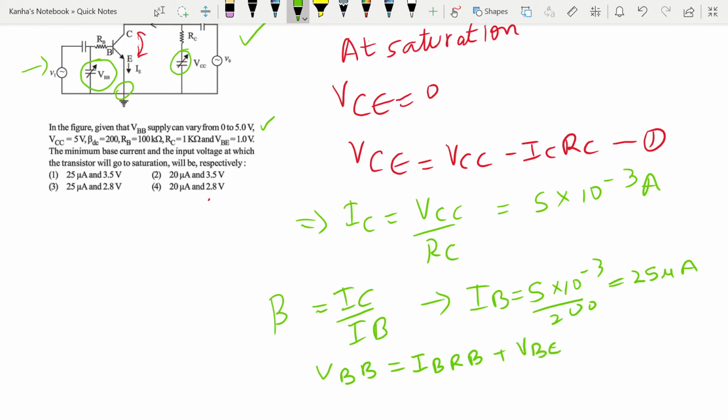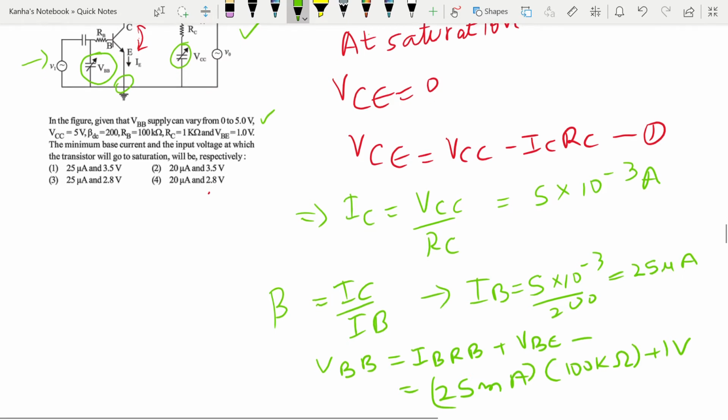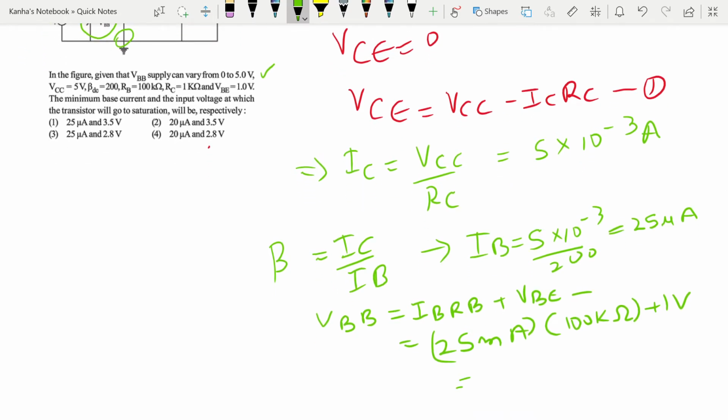This is again an application of the Kirchhoff loop rule that you read in the chapter on current electricity. So you have 25 microampere into 100 kilo ohm plus 1 volt. So VBB turns out to be 3.5 volts.